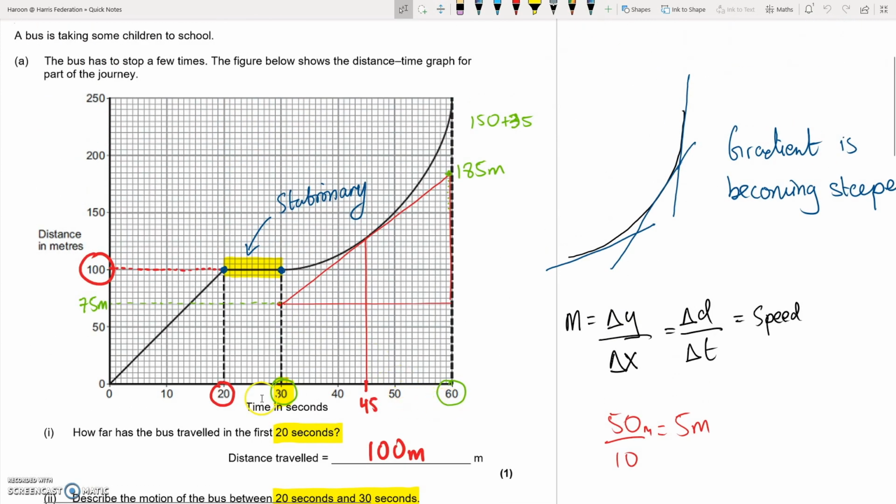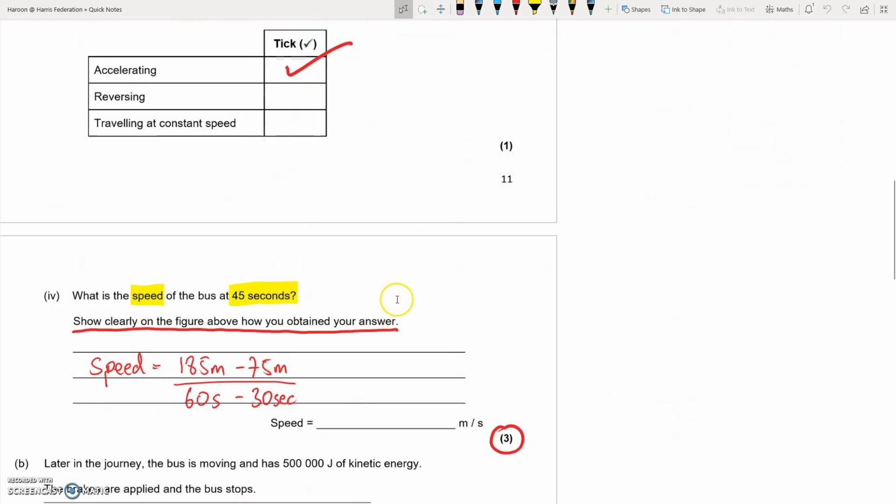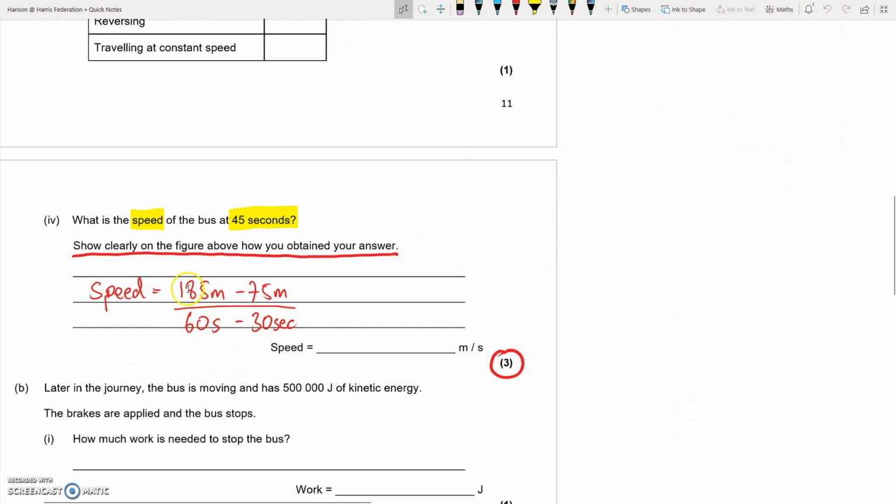And we can see that with our graph there, 60 and 30, 185 and 75. And can you see I've corresponded it in the way where if I'm choosing 185 meters at the top, then on the bottom, I also start with the time corresponding to 185 meters.